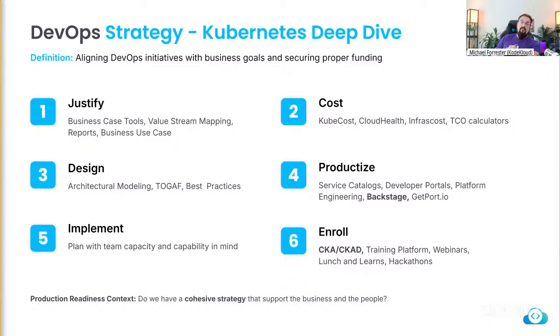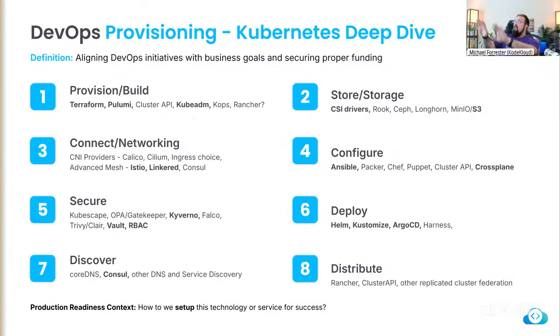Let's switch off of strategy and go over to provisioning. Now all of a sudden you see all the industry favorites: Terraform, Istio, Linkerd, Vault by HashiCorp, Kyverno. You see all the tools and technology. And by the way, the 24, 25 verbs of production need to be applied to these things. How are you going to use Ansible?